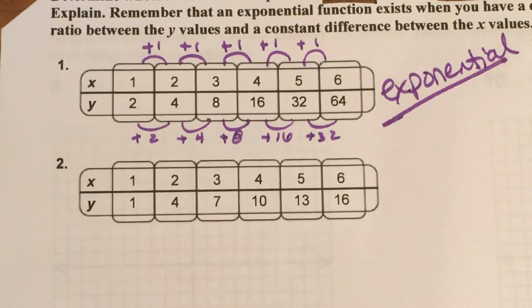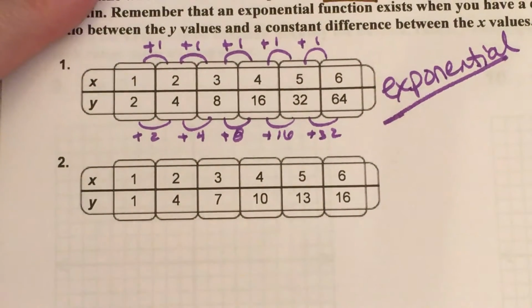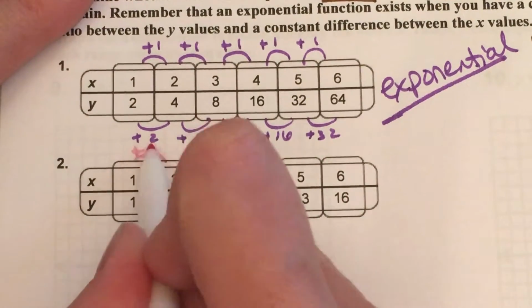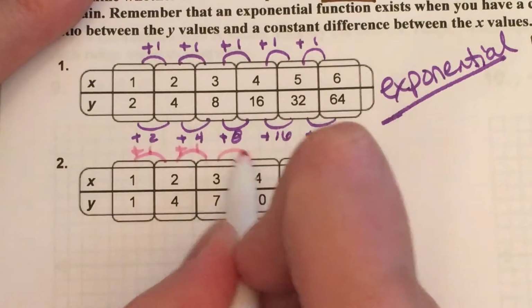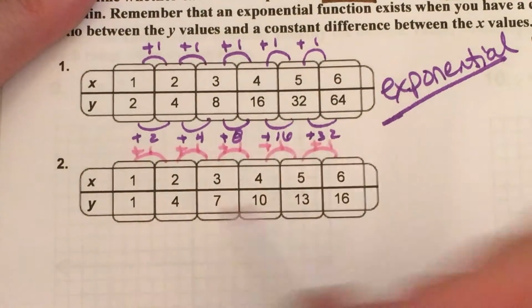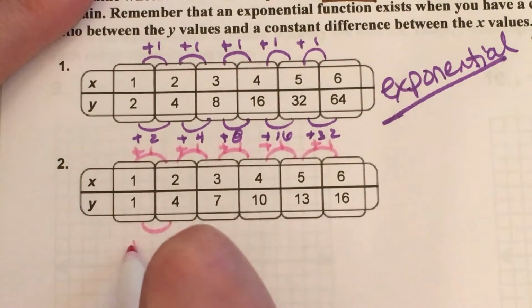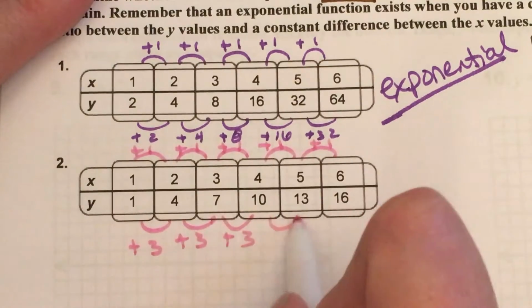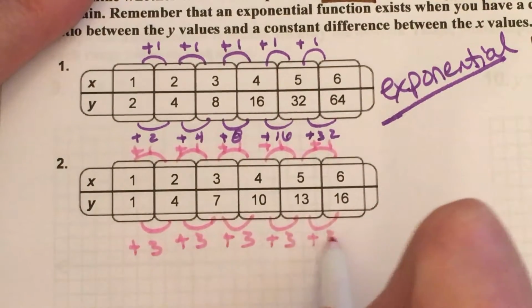Let's look at number 2, just to compare. So number 2, add 1, add 1, add 1, super not exciting. The y's, add 3, add 3, add 3, add 3.